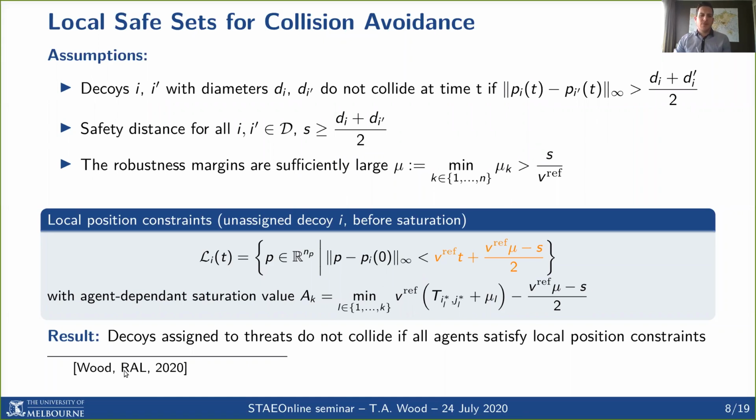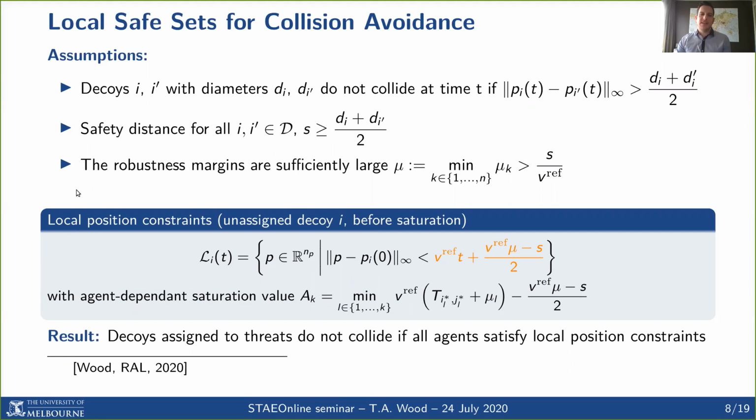And so the result that we proved in the paper we just recently published was that decoys assigned to a destination will not collide with any other agent if all agents satisfy their local position constraints. So that gives us, in essence, local constraints for every agent.